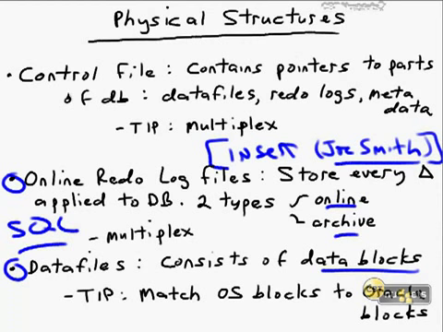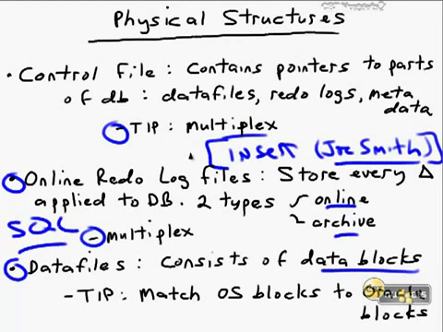You'll notice that next to control file and online redo log files, I put TIP, multiplex. Multiplex means to store multiple copies of that file on different disks for fault tolerance purposes. It's not for performance management and parallel processing.